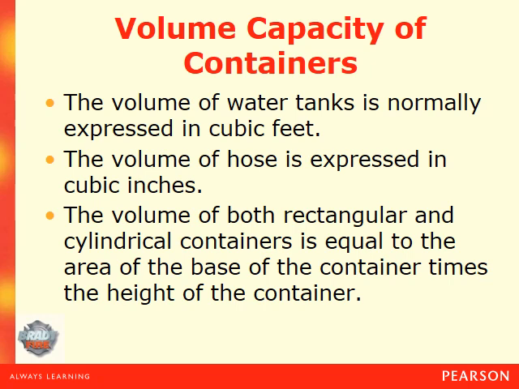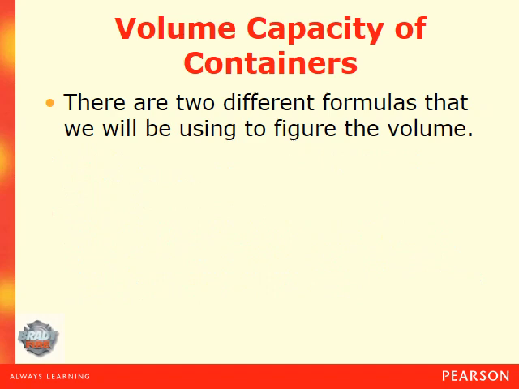Okay, the volume of a water tank is normally expressed in cubic feet. The volume of a hose is expressed in cubic inches. The volume of both rectangular and cylindrical containers is equal to the area at the base of the container times the height of the container. There are 2 different formulas that we will be using to figure the volume.